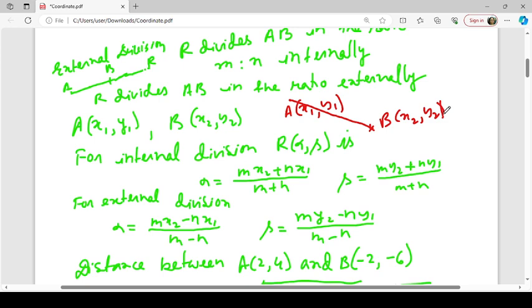If we are asked to find the point where it meets the x-axis, it meets somewhere, say R, then its y coordinate will be 0, so it will be (alpha, 0).